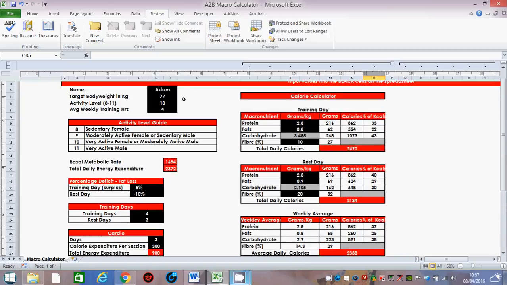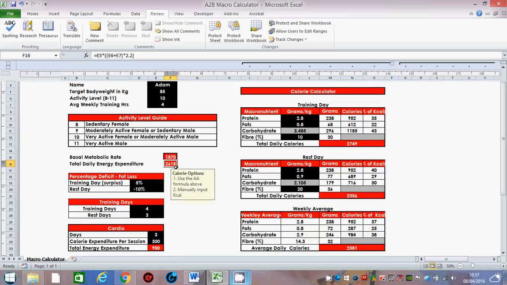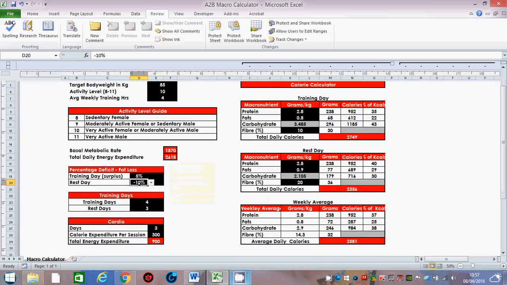Now this can be used for everything. So if I wanted to actually gain some weight, so I wanted to go from what I am now, 80 kilos, to 85, I could just up that, and all of a sudden that gives me a different figure. And then what I would want to do is on my rest days, I would maybe want to eat just at my maintenance, and on my training days I might want to eat 10% above it.